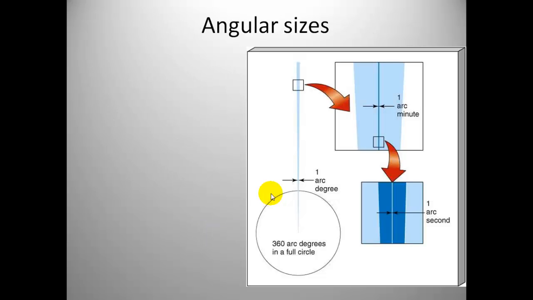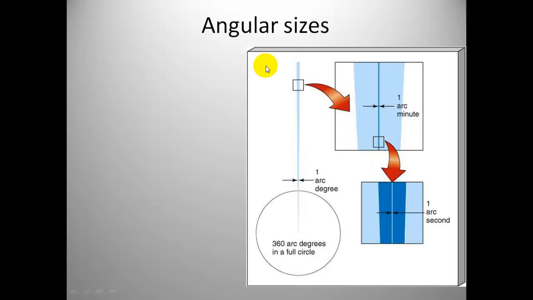Now we're going to look at angular sizes. You know that an angle is in a unit called a degree. Now, we know there are 360 degrees in a full circle. Each degree is split into minutes. There are 60 minutes in a degree, so that's 1 degree split into 60 minutes. And each minute is split into 60 seconds.